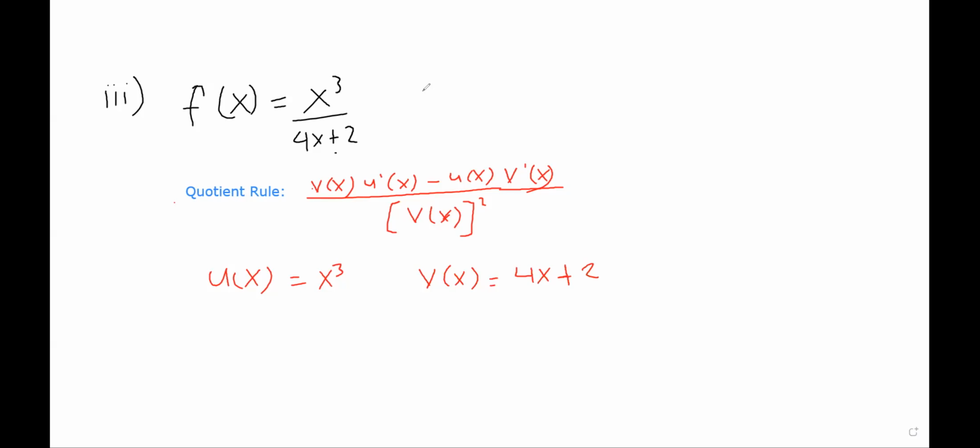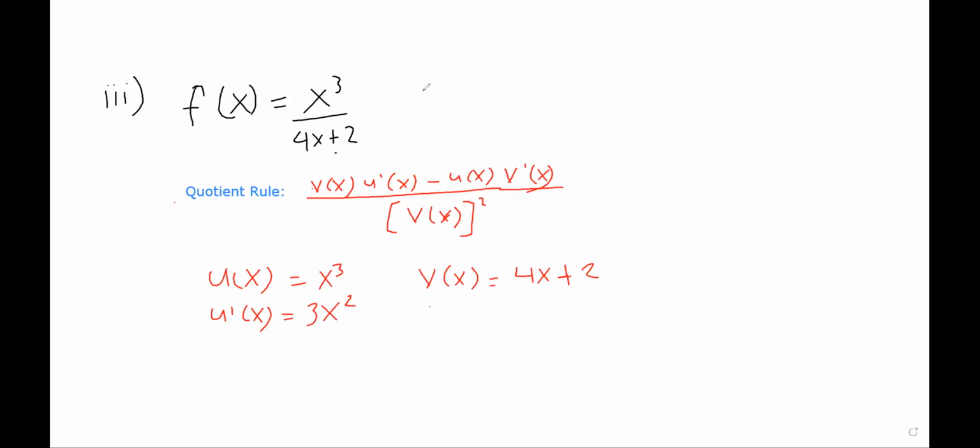Simple solution. Nothing too hard. We've been doing this since we started. So the differential of our u, u prime: we carry down the power, minus 1 from the power. So carry down the 3, 3x, minus 1 from 3 is equal to 2.